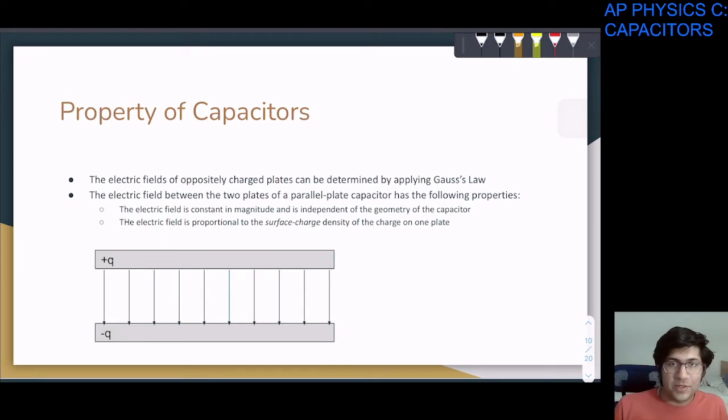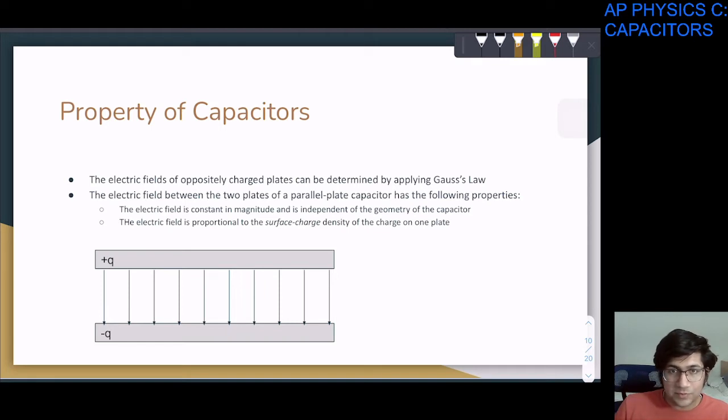Alright, so some properties of capacitors. The electric fields of oppositely charged plates can actually be determined by Gauss's law. We can draw a Gaussian surface, and using that we can derive the electric field strength.